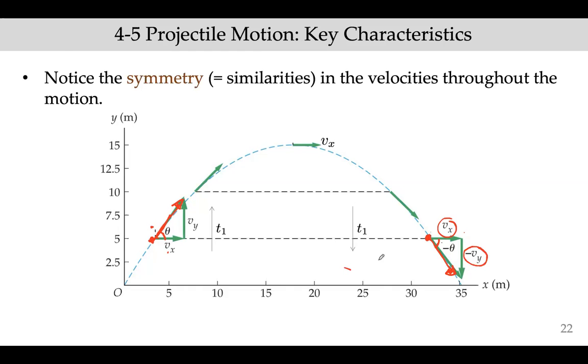The magnitudes will be the same. Same thing here. So if the velocity is here like this, at the same level here, it will be like this.